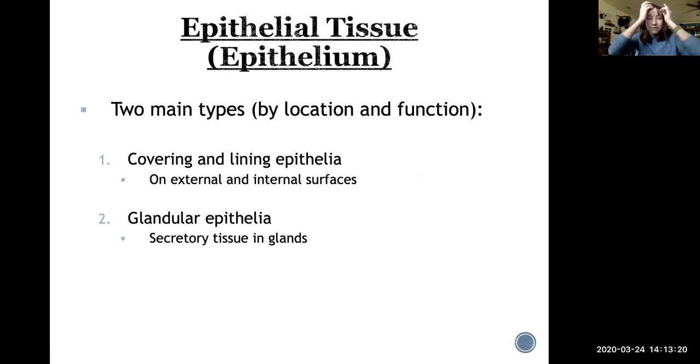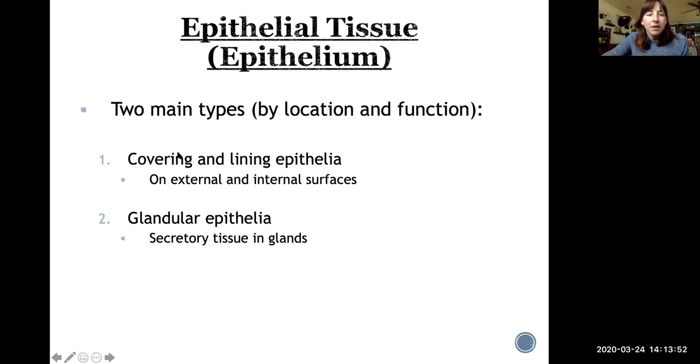Okay, epithelial tissue. We describe or we characterize and we identify different epithelial tissues by their function and by their location, and by their structure, to be fair. So in terms of location, we've got epithelium, so epithelium is singular, right? And epithelia is plural.